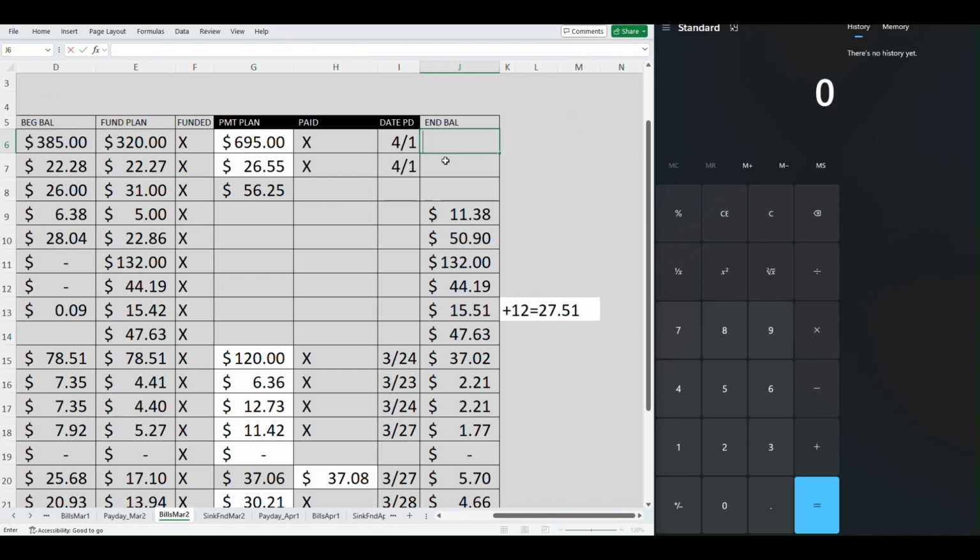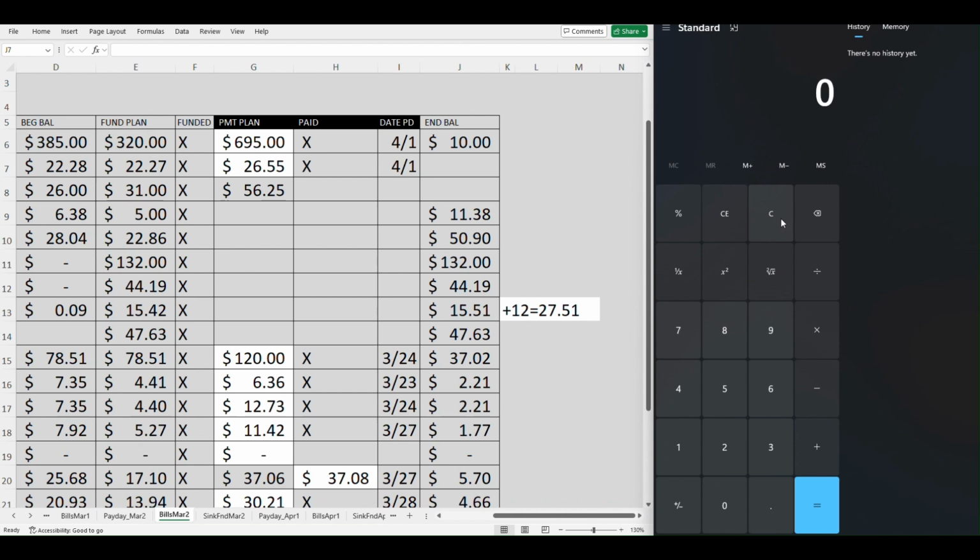So we'll do that. And then the third bill, it says that it's due on the 3rd of the month, but I looked a little bit closer and it's not really going to come out until after I get my next paycheck. So there won't be anything paid off of this paycheck for that third line. But for the first line, which was rent, I've got an ending balance of $10. That's after I paid the rent.